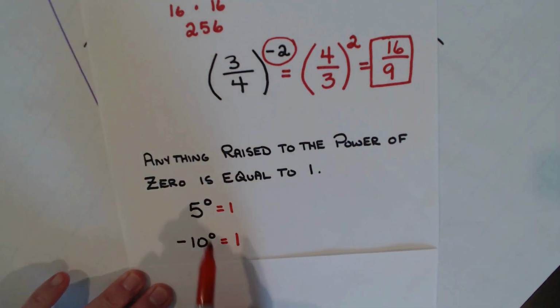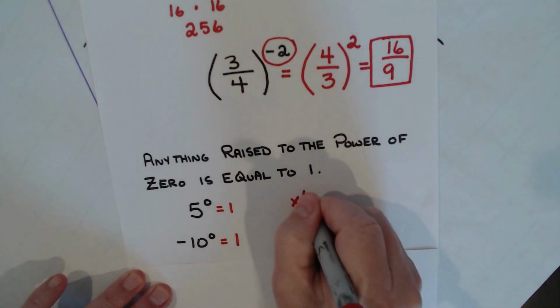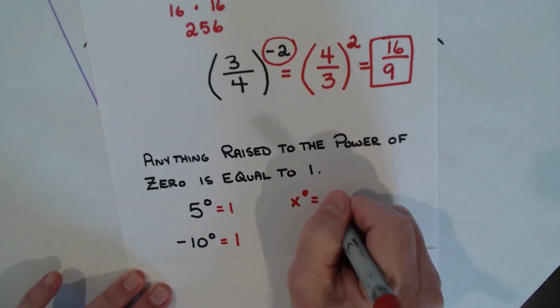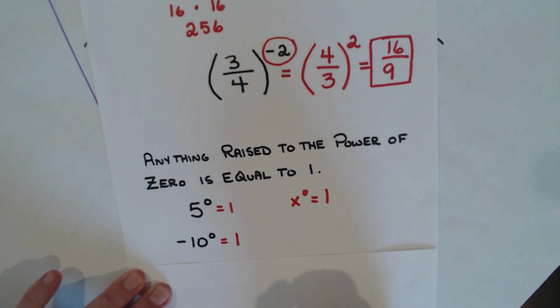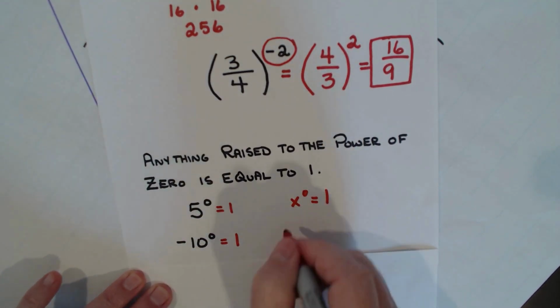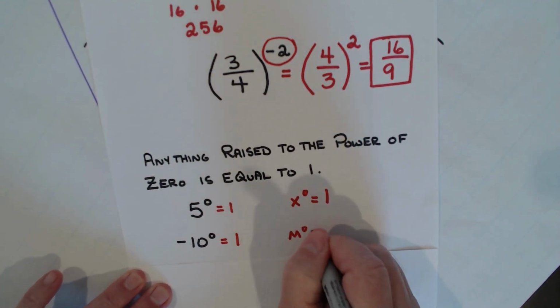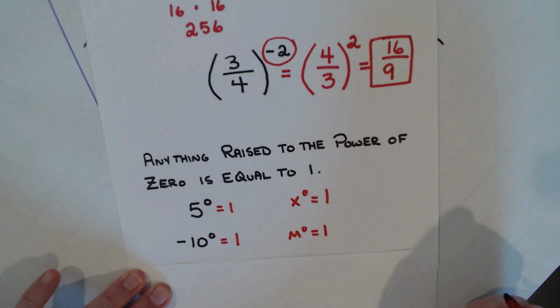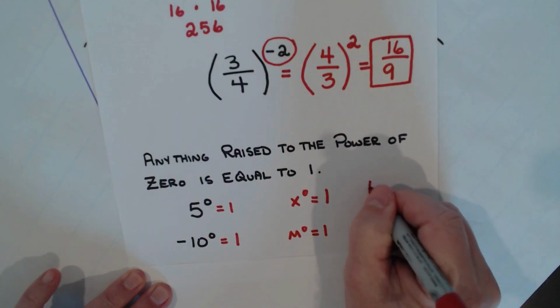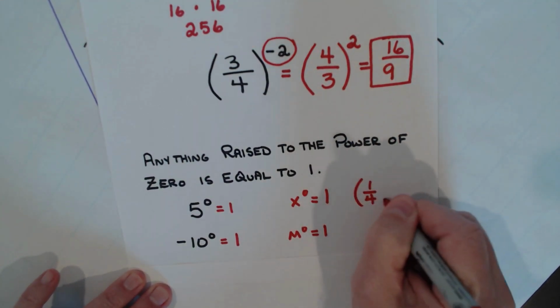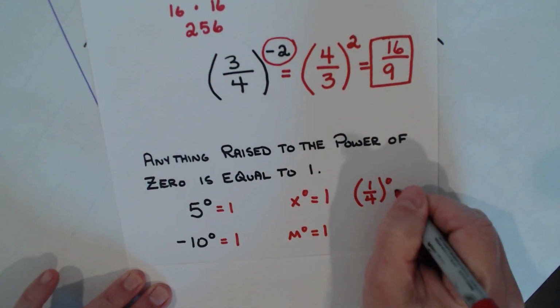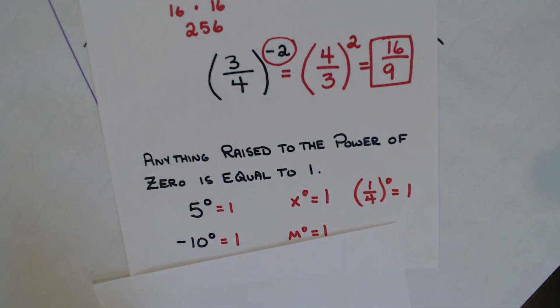Anything I can make up, if it's raised to the 0 power, will always be equal to 1. X to the 0 power, guess what? It's 1. m to the 0 power is 1. I can take fractions: 1/4 raised to the 0 power is going to be equal to 1. So anything you can think of raised to the 0 power is going to be 1.